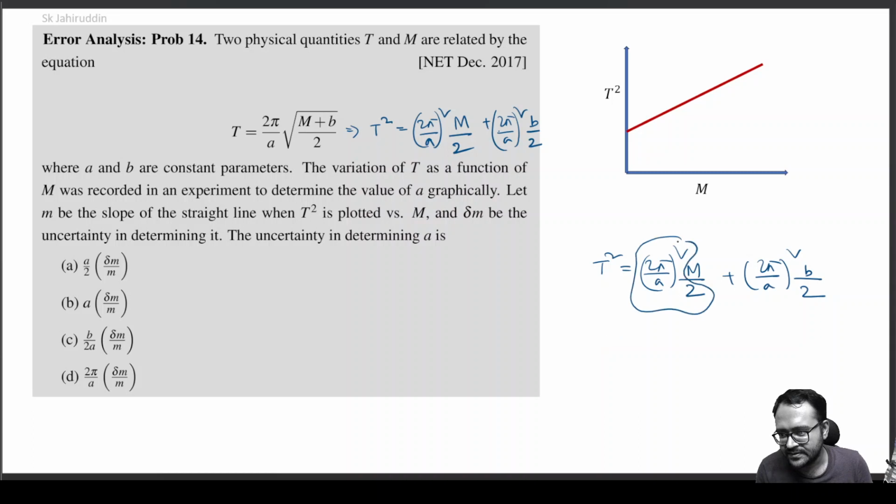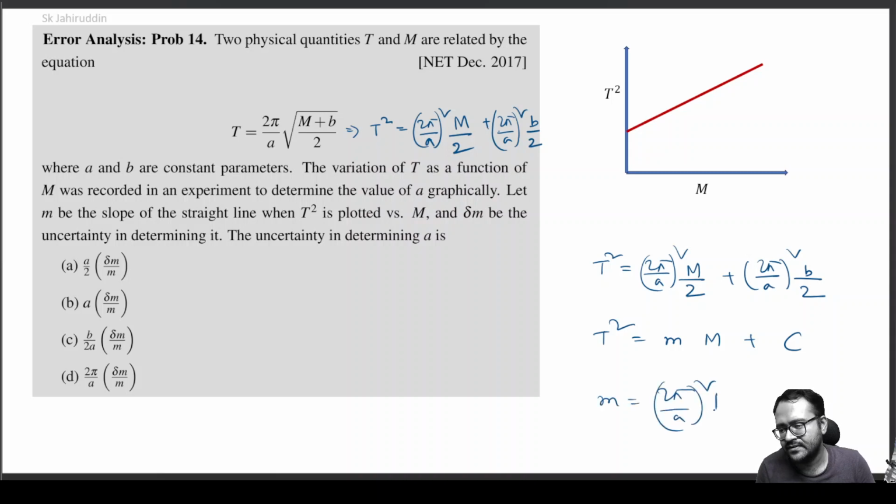Slope is this. So T square is small m times M plus c. So small m is (2π/A)² by 2. That's it. So the question is, if delta m is the uncertainty in determining m, what is the uncertainty in determining A?